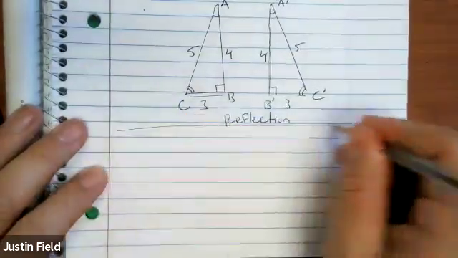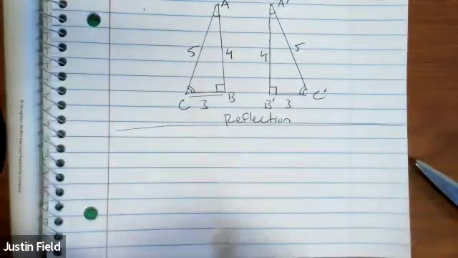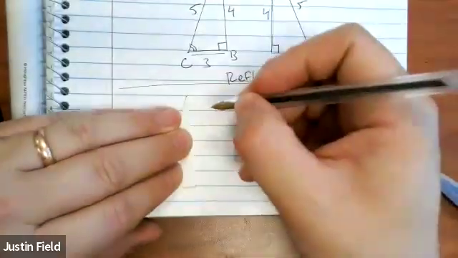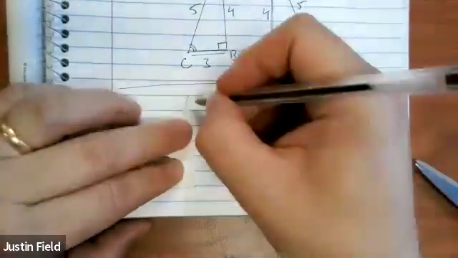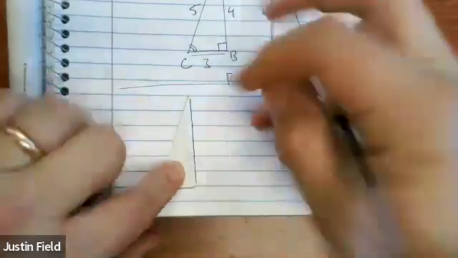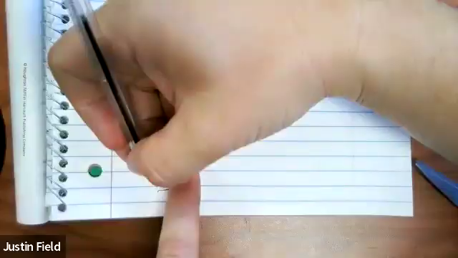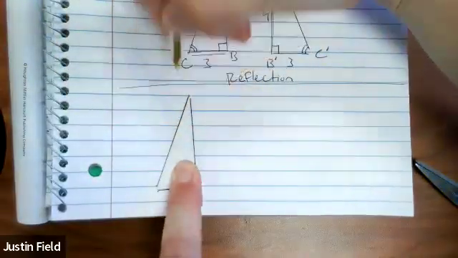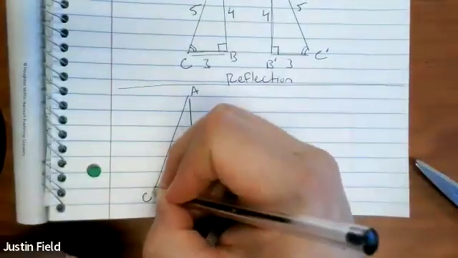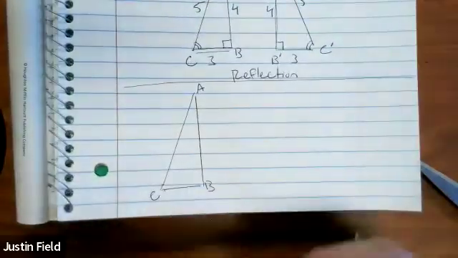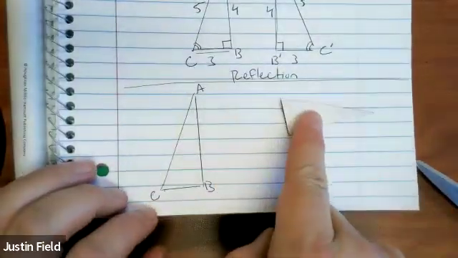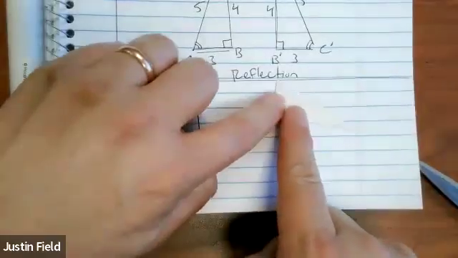And we still have space on our paper for one more transformation, and that is going to be a rotation. So let's draw a triangle here. A, B, C, my triangle. And now if I want to rotate this triangle, I can rotate it around a certain point.